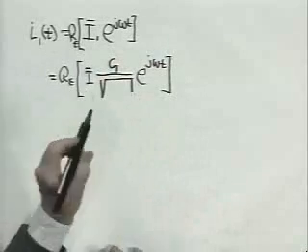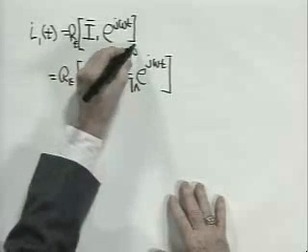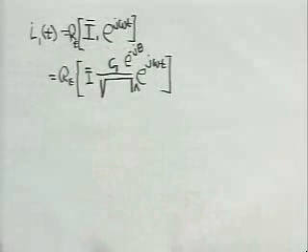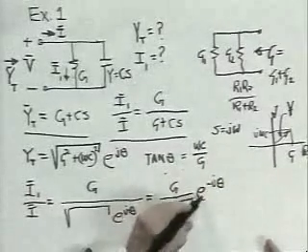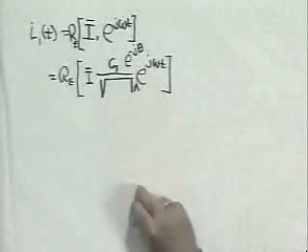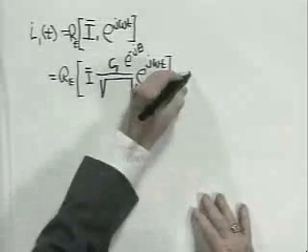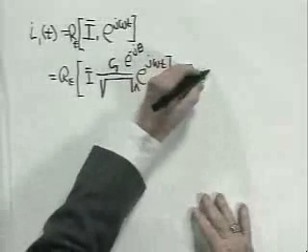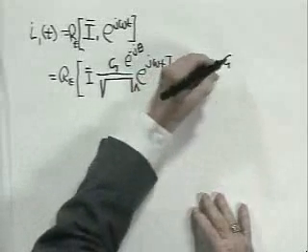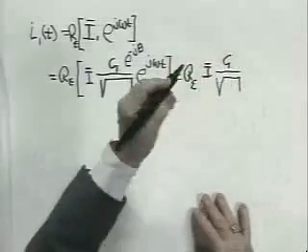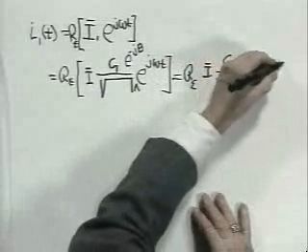I have left out e to the minus j theta. It's the amplitude G divided by the radical times e to the minus j theta. I've got to have that in, times e to the j omega t. If I combine these two exponentials, I'm taking the real part of I magnitude, complex amplitude, G over the radical, e to the j omega t minus theta.